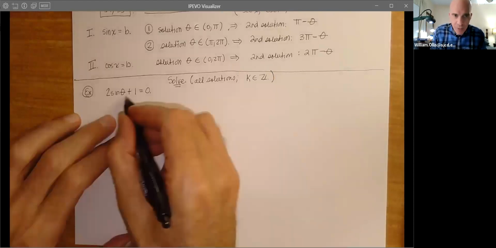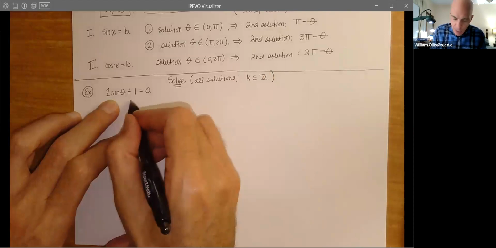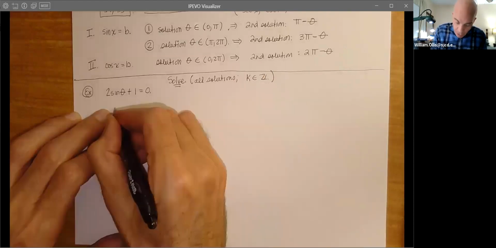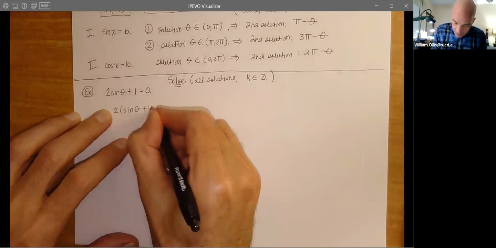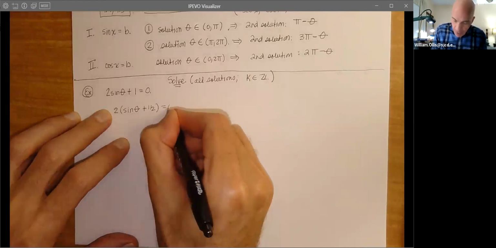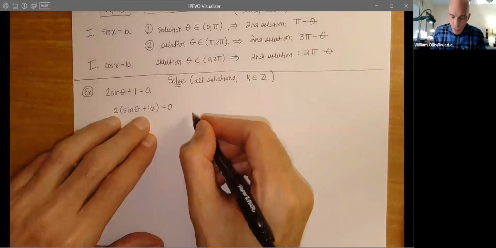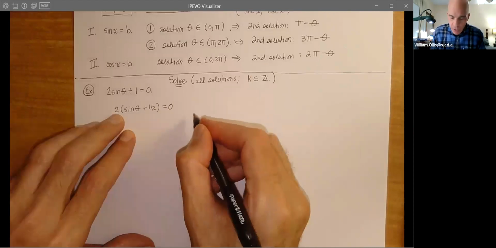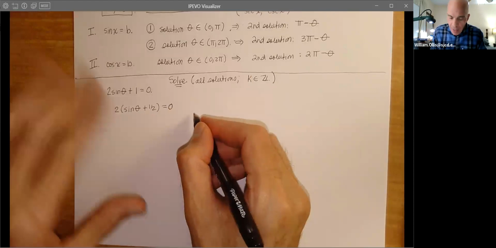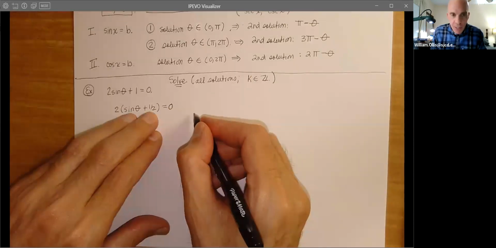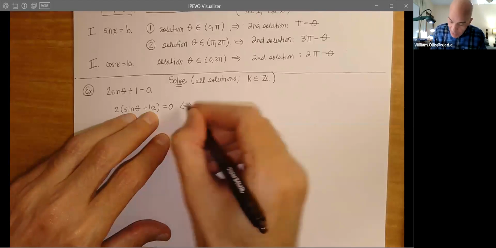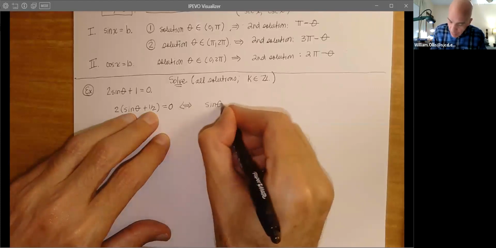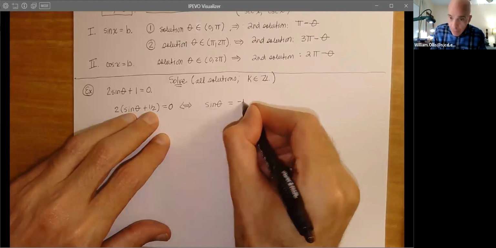So now you're thinking, well, this is easy, let's just factor it. So factor the 2. Now when you look at this, this is just a 0 product. Of course, 2 is never 0, so you can wish that away. But that means that sine theta plus 1/2 would have to be 0. So by 0 product, this means sine theta equals negative 1/2.